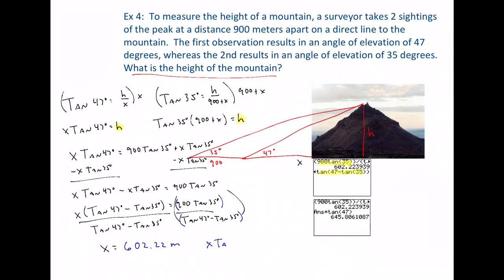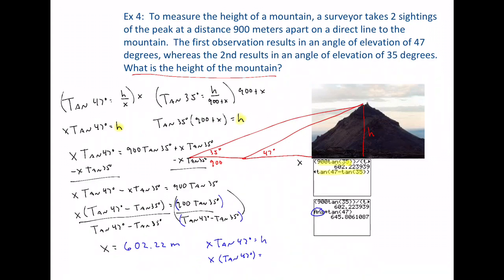x times tangent of 47 degrees is equal to the height. So we have what x is, and we'll plug in tangent of 47 degrees, and that will give us the height. Now once again, I want to take that exact answer. I don't want to round the 602.22 from my previous. So if you look on the bottom screenshot here, I've taken the answer.